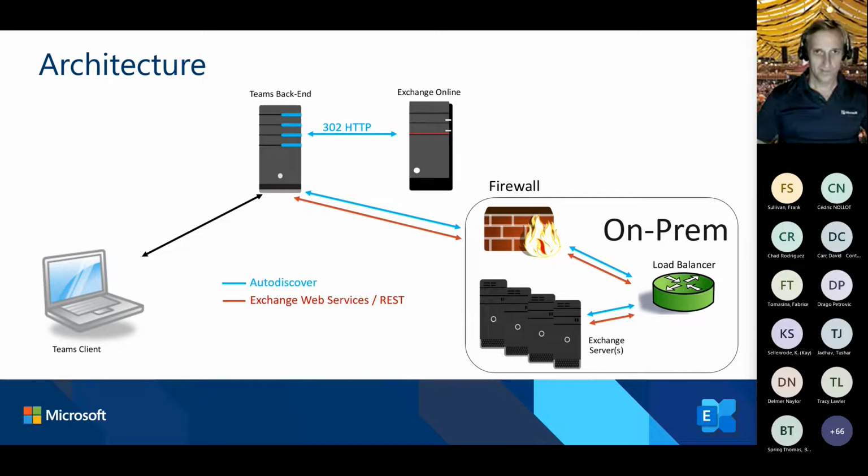Doesn't really matter. The most important thing to understand is that the Teams client only communicates with a Teams backend infrastructure that runs in M365, basically. And the Teams client never connects actually to the mailbox, which can be located either in Exchange Online or in Exchange On-Prem, which is the lower right part.